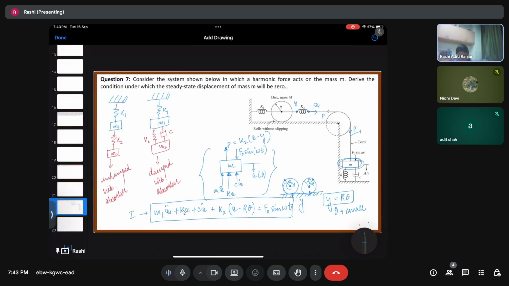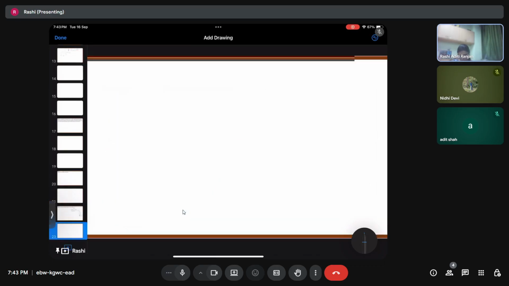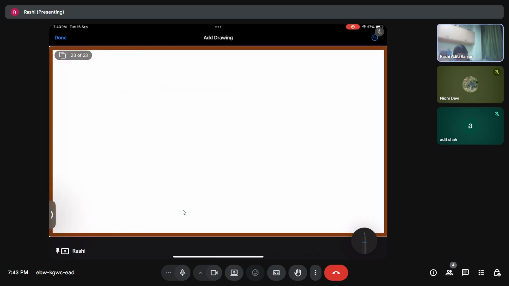Now for the disk, sorry, disk, not drum. Okay, we have a spring over here. This spring, K1. Now we assume that it is going in the forward direction and the displacement is theta.